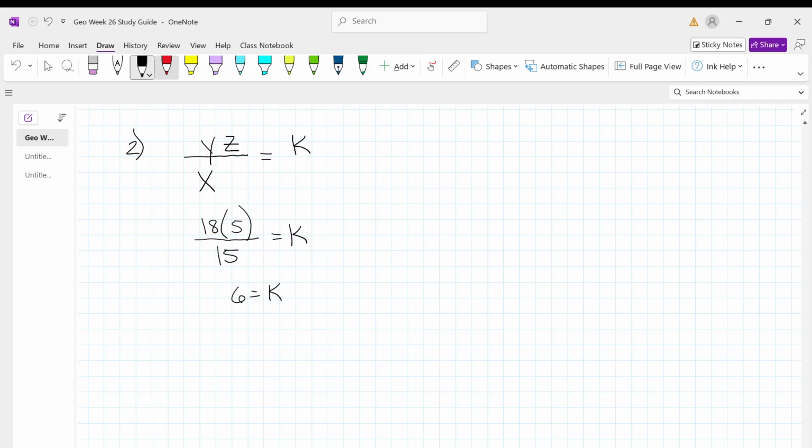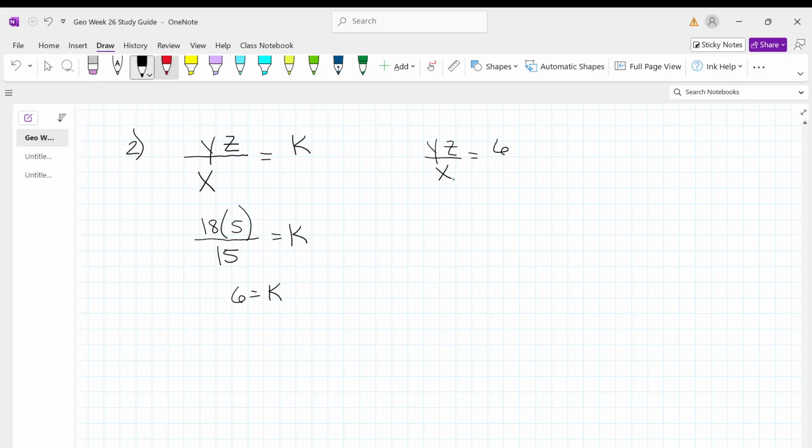Write the equation that models the relationship. So if we're writing an equation that models this relationship, our Y times Z over X is equal to the constant, which is 6.